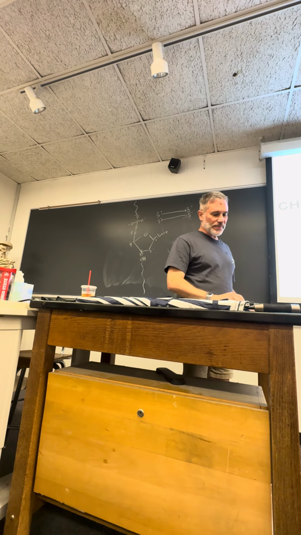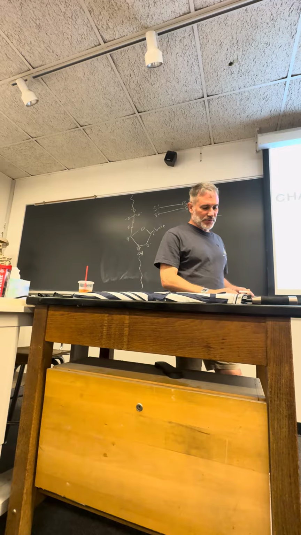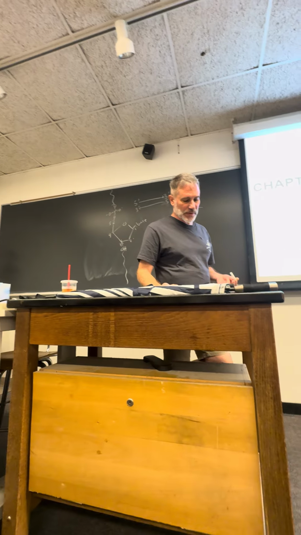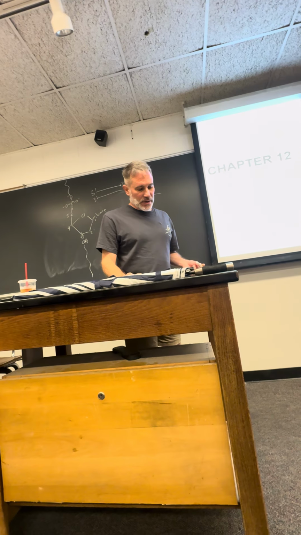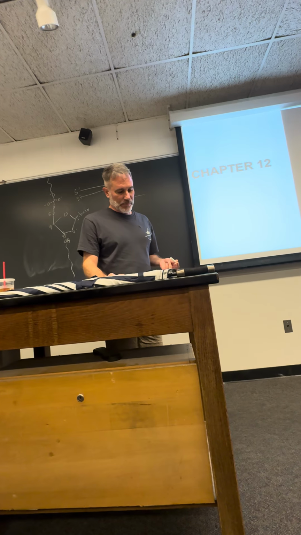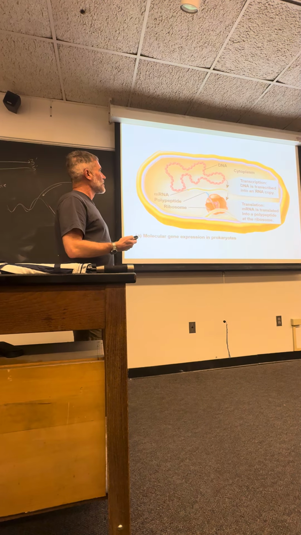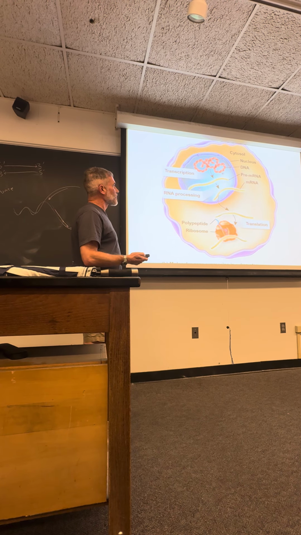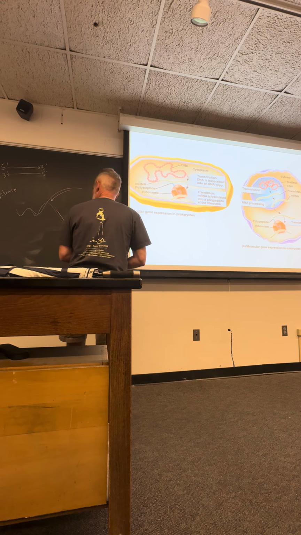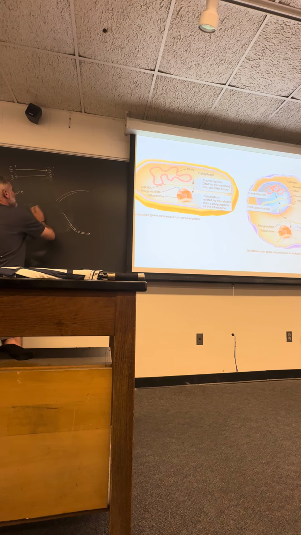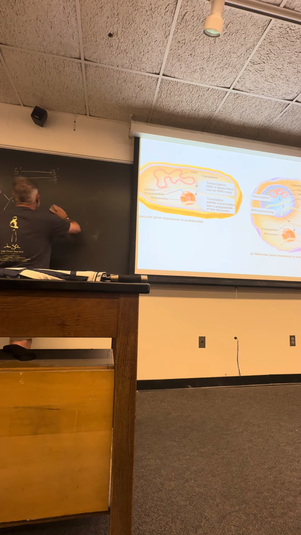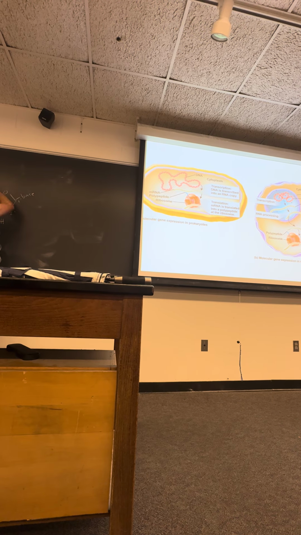Okay, so for chapter 12: difference between prokaryotes and eukaryotes, transcription, structure of genes, stages, processing, translation. Let's zip through this. We've just done this, so we don't have to beat this dead horse too much. The main differences between eukaryotes and prokaryotes, there are two main differences.